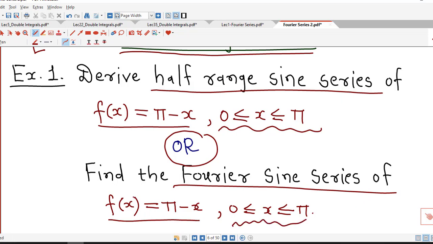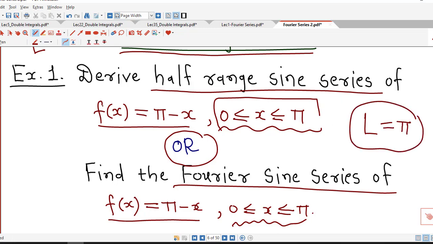So here we have to use the formula for Fourier series of odd function, but here we are given the half interval, so our L will be equal to pi, and whatever extension we will consider, that extension will be odd periodic function and it will be of period 2 pi.